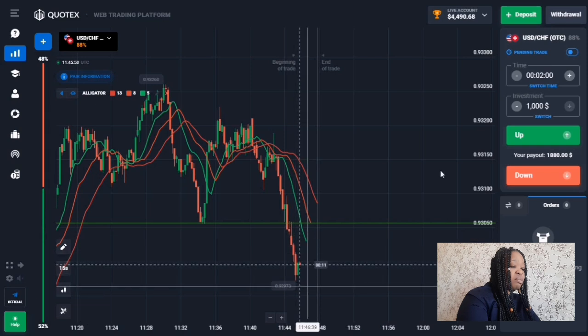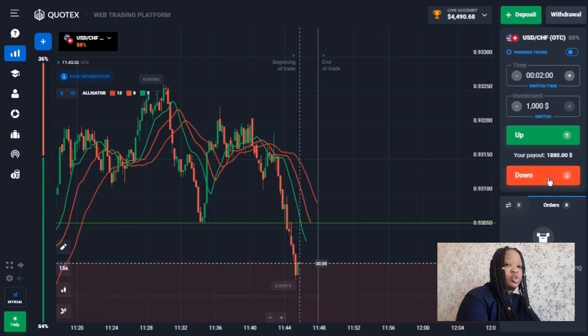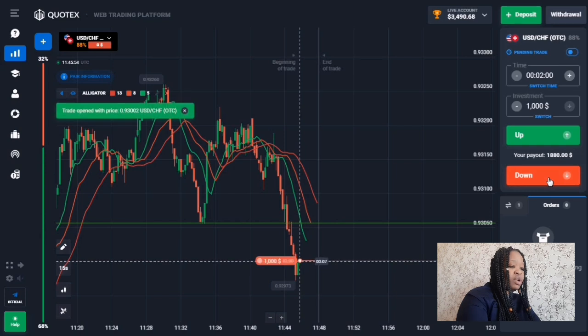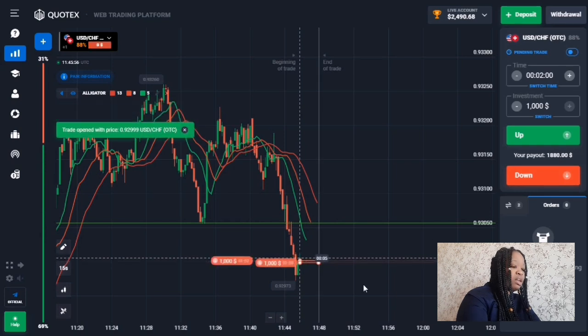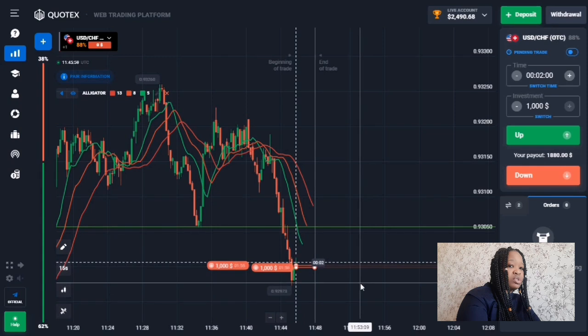So I think I'll enter the market with a down trade for 2 minutes and I'll expect the price to keep on trending to the main support level. So let me wait and see the results of this trade.